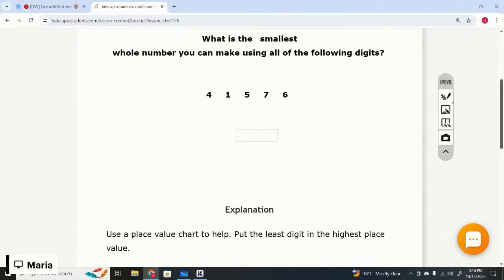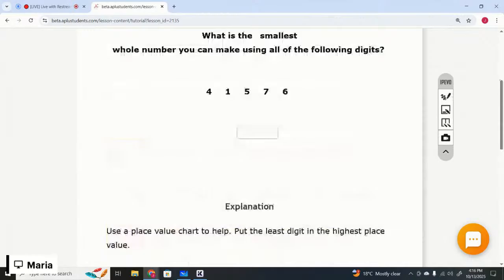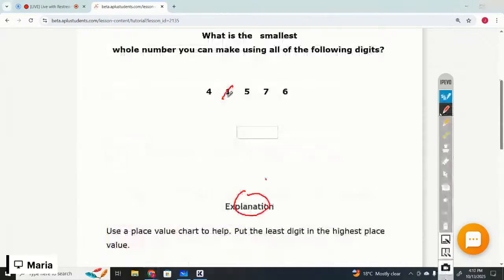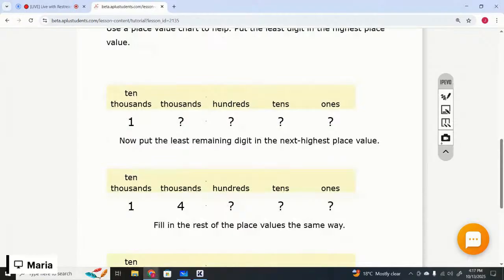The smallest number is 1. So you need to write down the 1 at the 10,000s place. Now you can cross out 1. Now from the rest of the numbers you need to write down again the smallest number at the thousands place, so that would be 4.